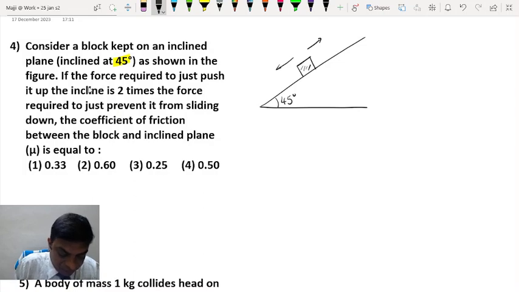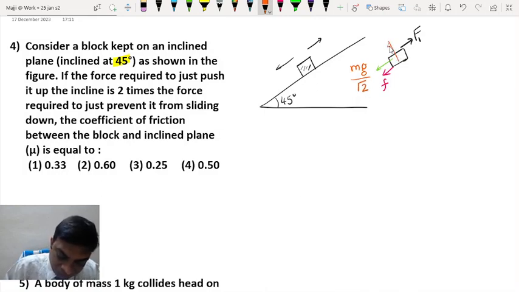Now coming to the first situation, the force required to push it up. When the block is pushed up with a certain force, let us say F1, the friction will try to oppose it. So friction will be acting in this direction, and the component of weight is already acting in the downward direction, which is mg cos 45 degrees.